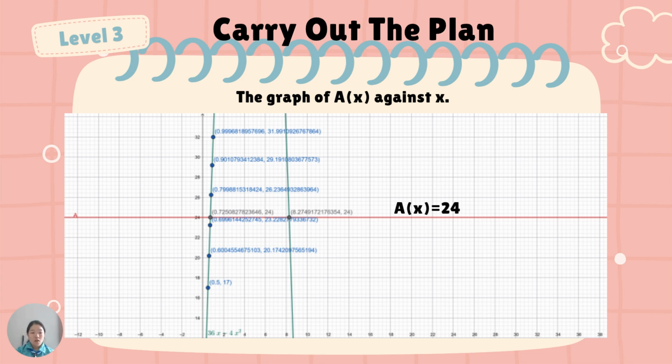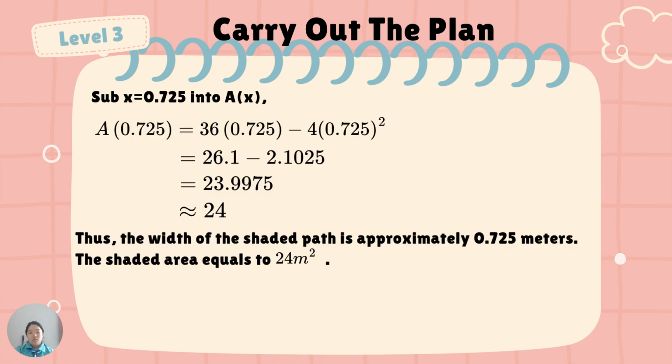Then we could see the intersection points of these two lines are 0.725 and 8.275. So we choose 0.725 to be our value that can be substituted into A(x).